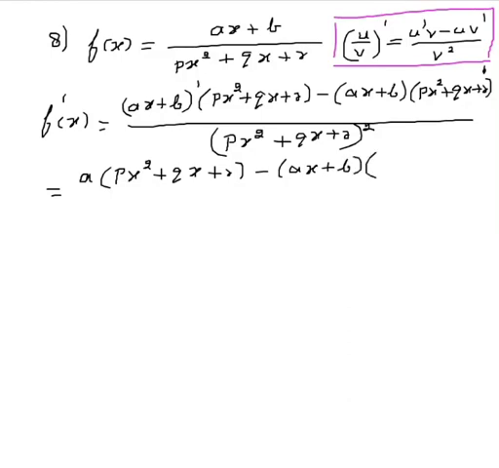Let us differentiate this term. p is a constant and derivative of x square is 2x plus q is a constant and derivative of x is 1 plus derivative of r is 0. If you have only constant term, the derivative becomes 0. Whereas if you have constant and a variable term, keep the constant and differentiate the variable part. Even if you use product rule, one of the terms will become 0.